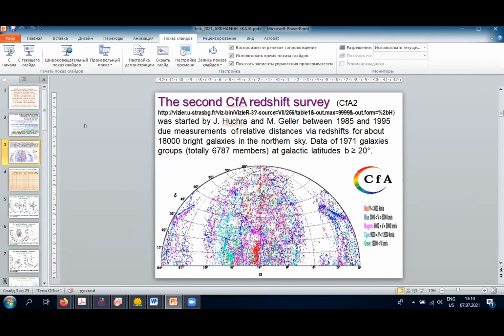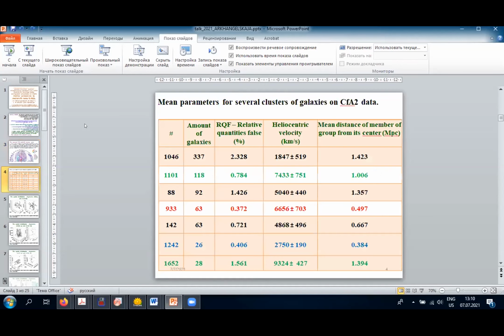It contains data on 1917 galaxy groups, with a total of approximately 6,787 members at galactic latitudes bigger than 20 degrees. Then we analyzed properties of several galaxy clusters.